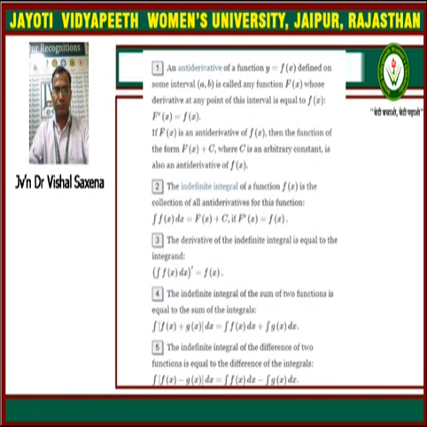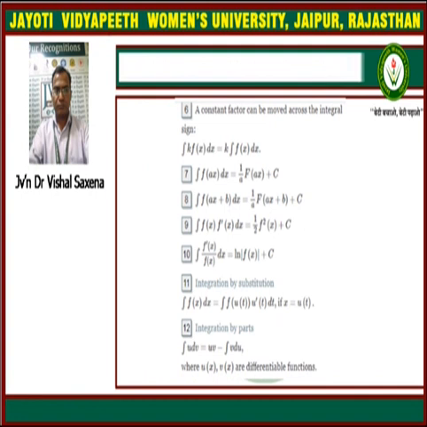According to this property, the integral of individual functions will be taken, like integral of f(x) dx plus integral of g(x) dx, or integral of f(x) dx minus integral of g(x) dx, which is property number 5. So 4th and 5th show the distributive property for integration.